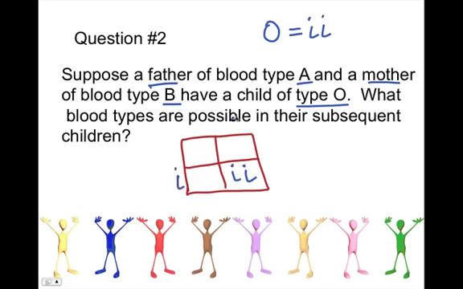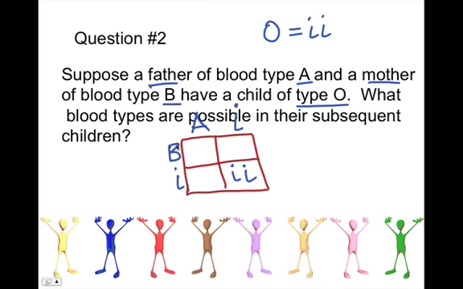You'll then know that mom or dad has to be heterozygous for blood type. Since it says that mom or dad is type A, we know that there has to be an A here. And mom is type B, so there has to be a B over here.